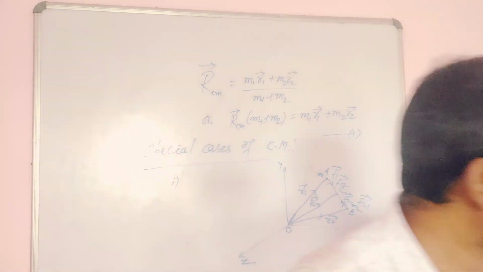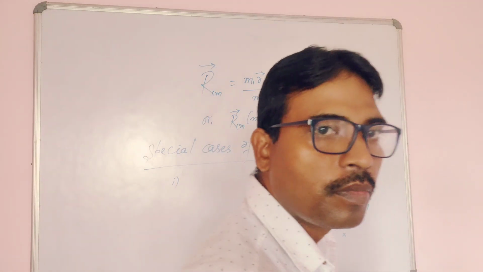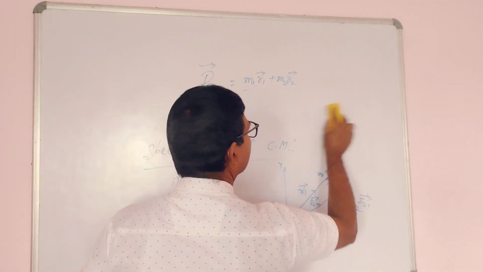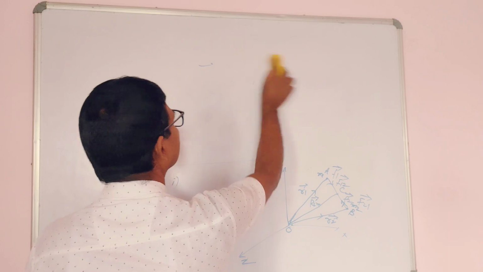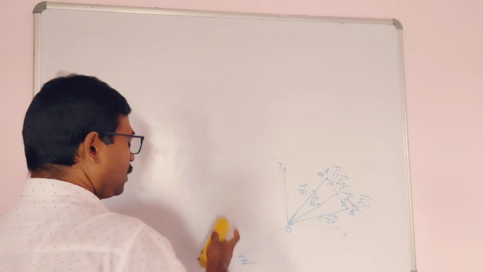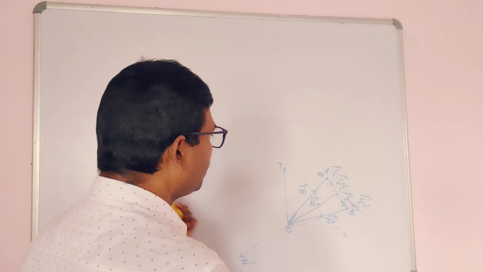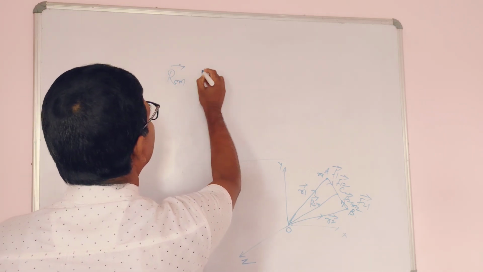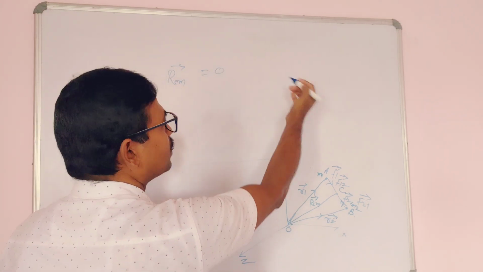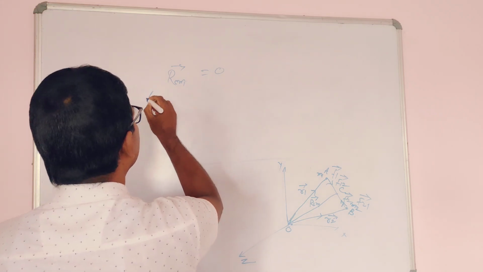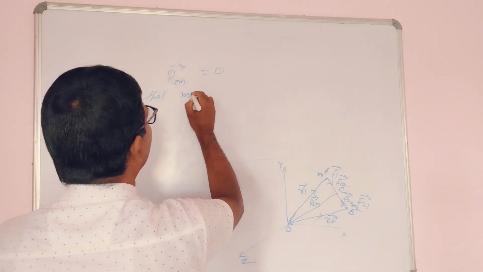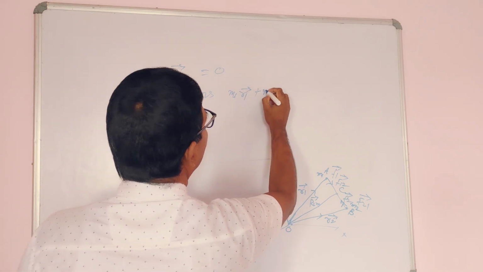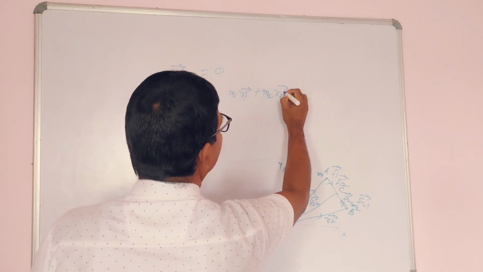So the first point: if the two particles lie at the origin, what will happen? R_CM is equal to 0. So you write that formula. That means m1 r1 plus m2 r2 is equal to 0.